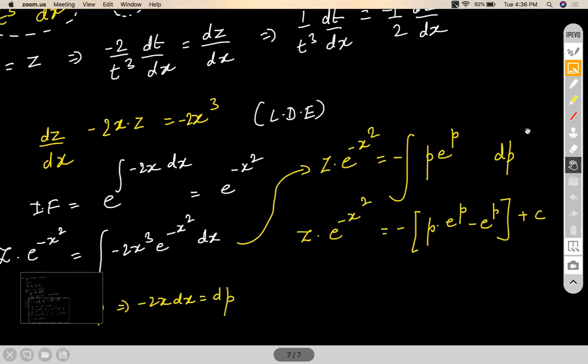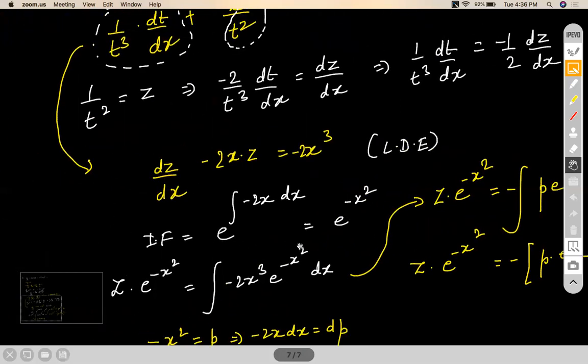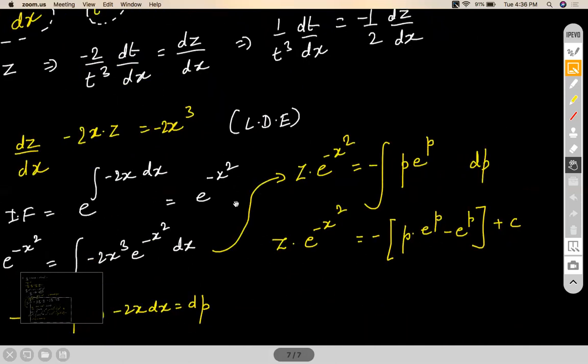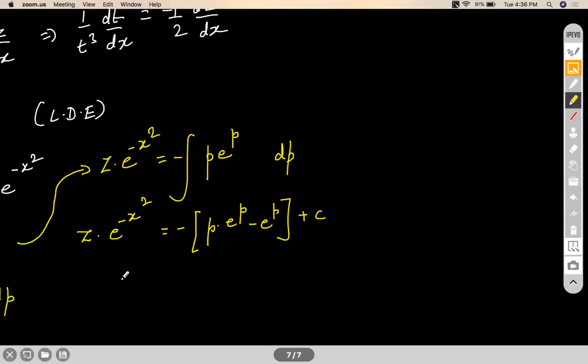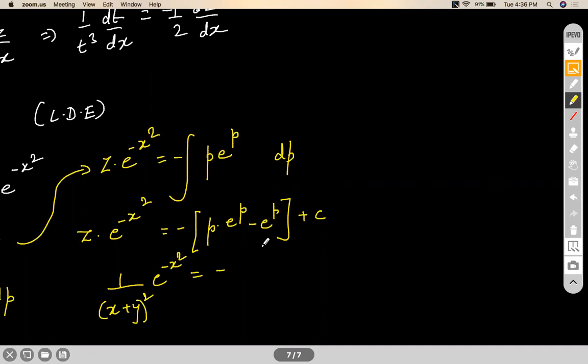Replace your assumed variables with your functions of x and y, whatever you have used. So what was z? z was 1 by t square and t was x plus y. So it will become 1 by (x plus y) whole square e to the power minus x square equals, in fact, you can write it as e to the power p times (1 minus p) plus c.